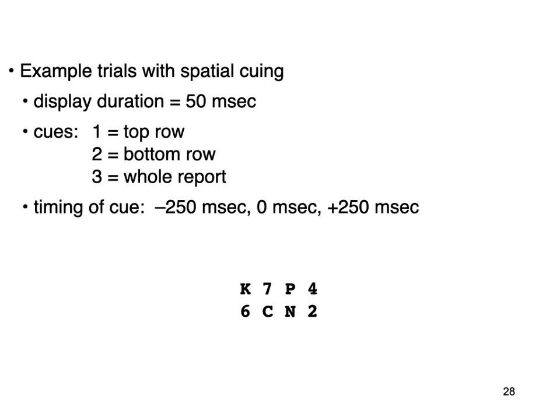Minus 250 means I'm presenting the cue, 1, 2, 3, ahead of time, 250 milliseconds before the actual array occurs. So that means if you hear 1, 250 milliseconds before the array, I will attend to the top row before it occurs. If it's 2, I'll attend to the bottom row. And if I hear 3, it means, okay, you just want me to report as much as I can see.